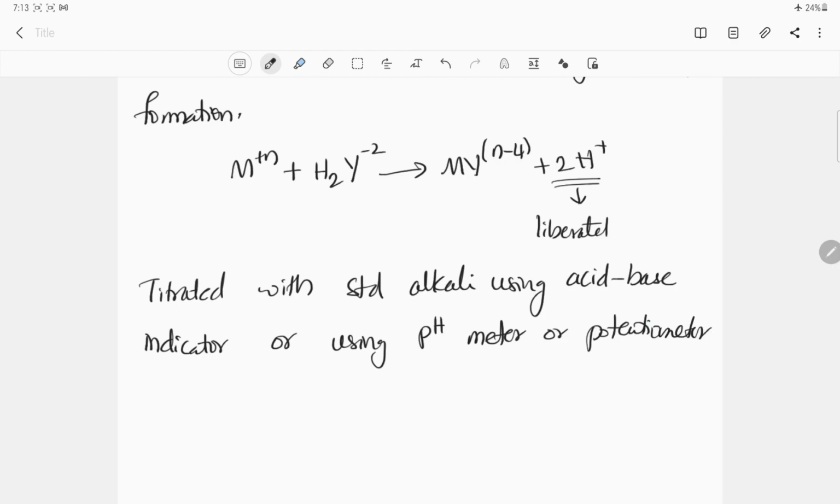So you can calculate how much quantity is liberated. Based on that you can predict the metal, the quantity of metal is determined.